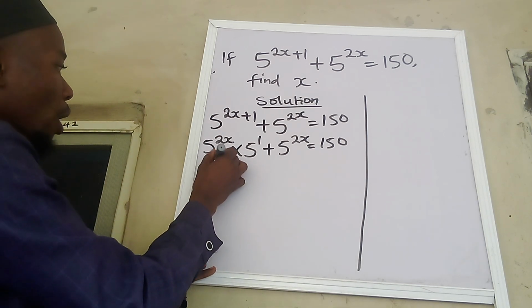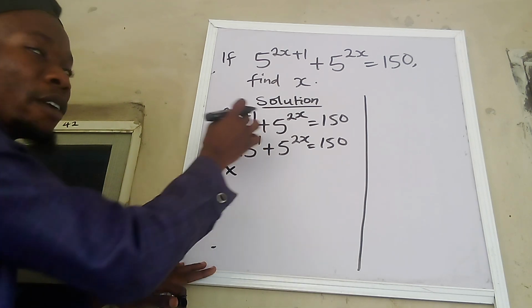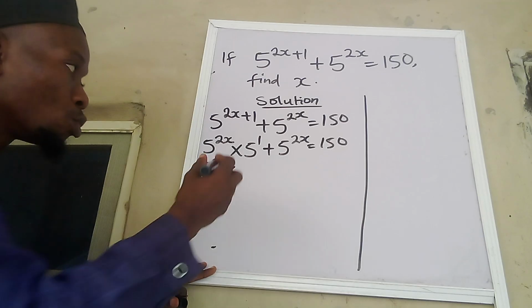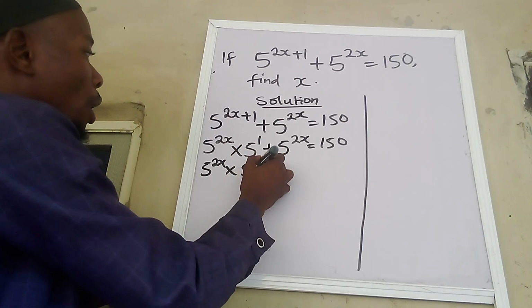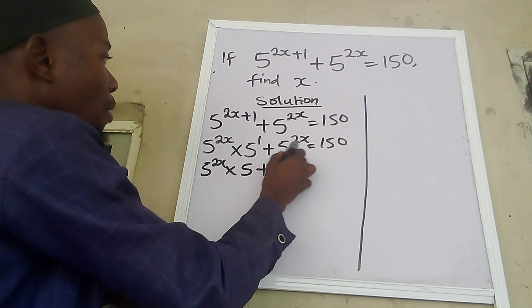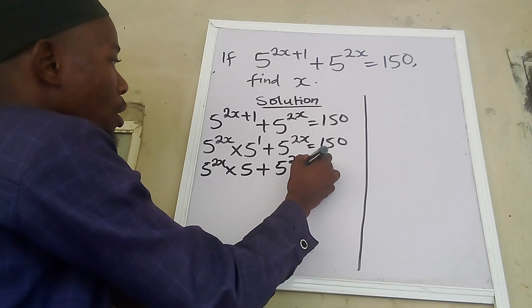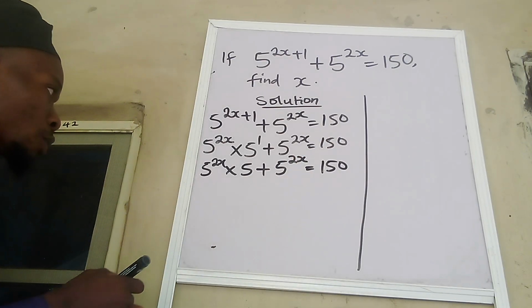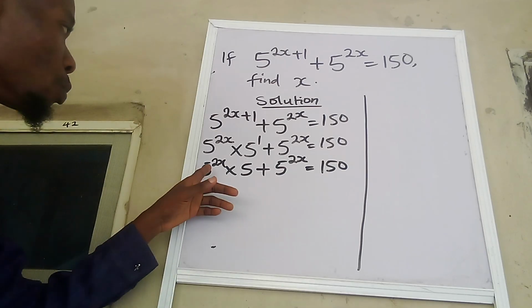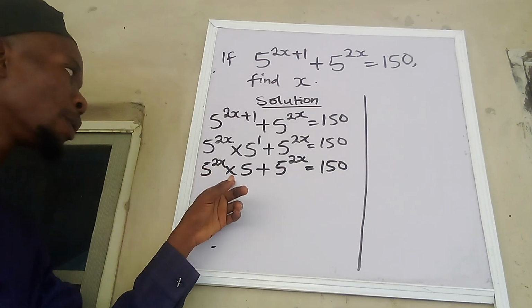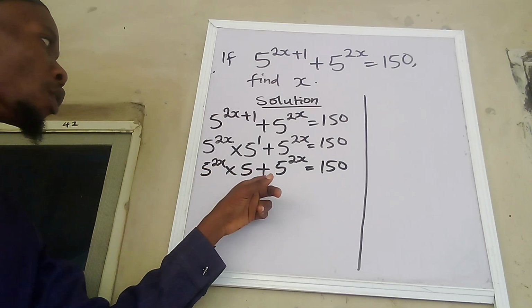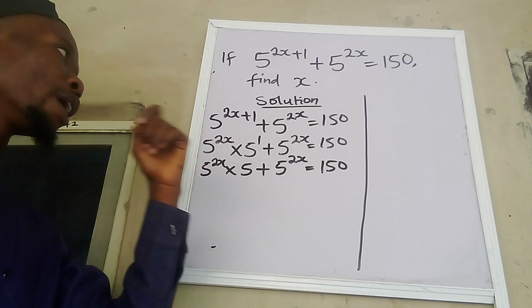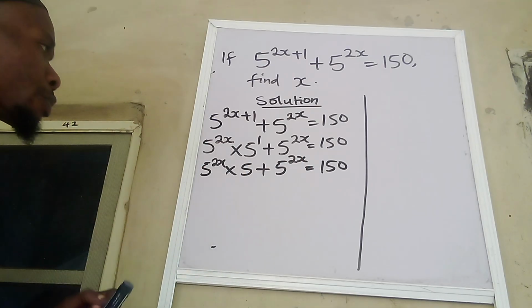So 5 raised to power 2x multiplied by 5 raised to power 1 means 5 in one place, which is 5. Then plus 5 raised to power 2x is equal to 150. So now we have 5 raised to power 2x multiplied by 5, then plus 5 raised to power 2x is equal to 150.